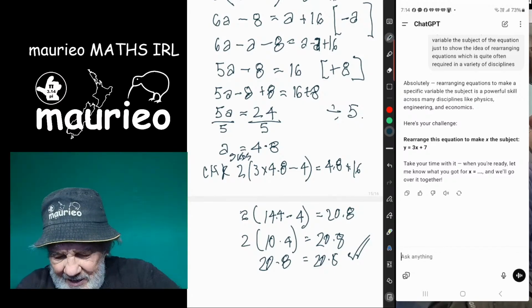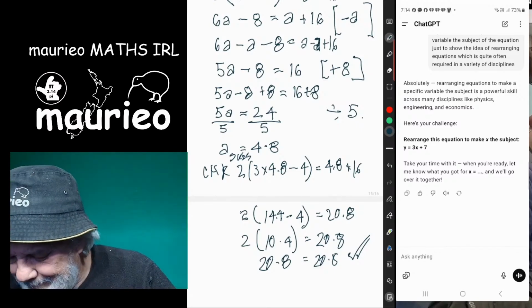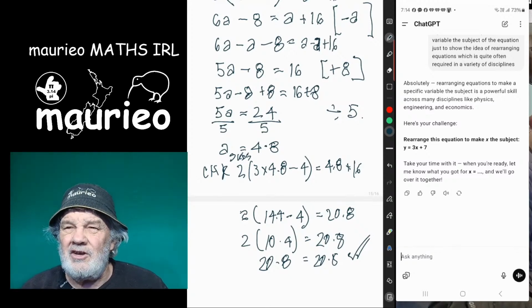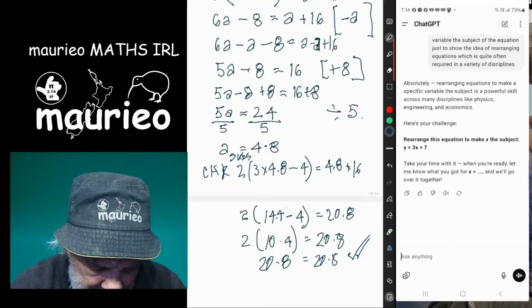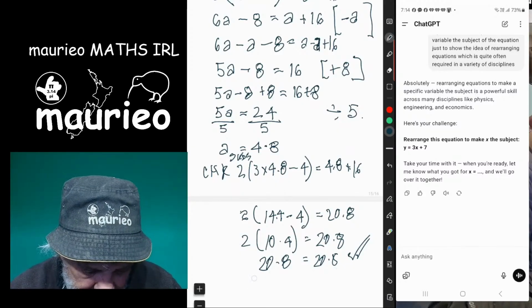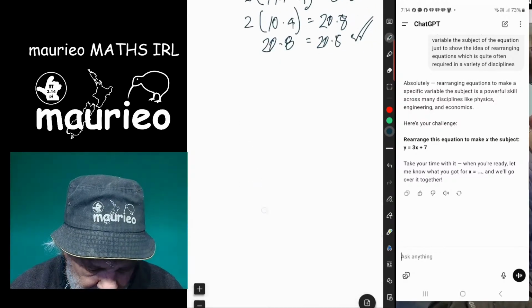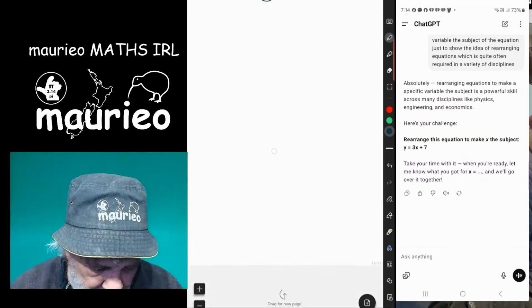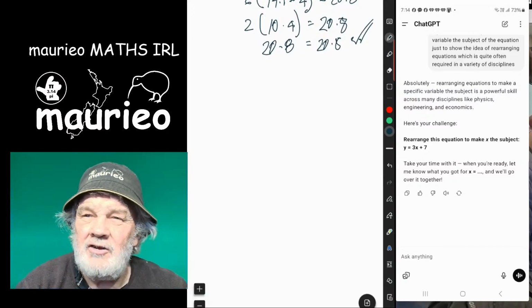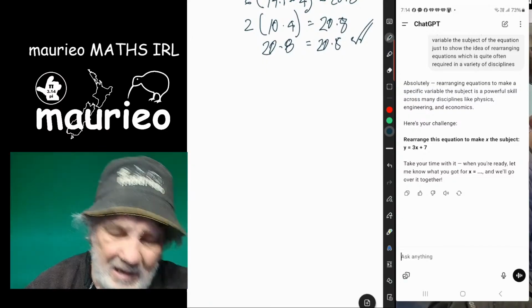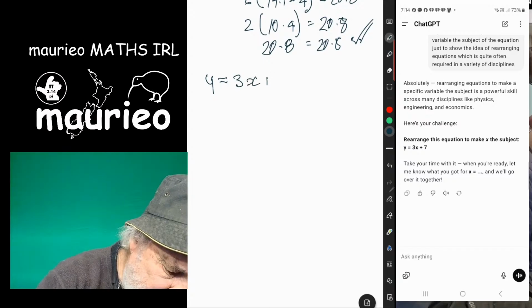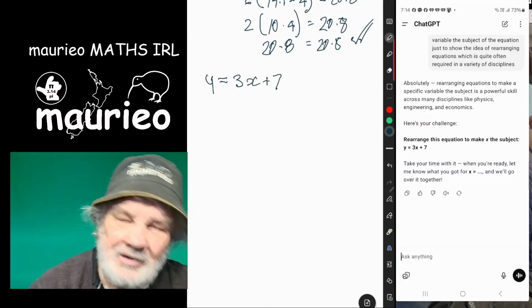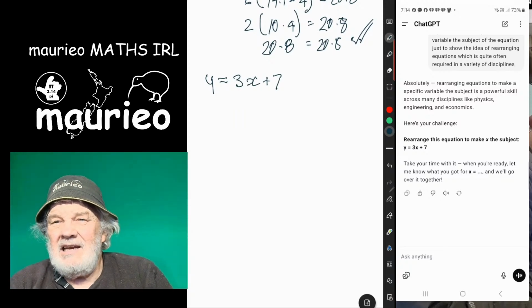Here we've got this equation in this form, y equals 3x plus 7.